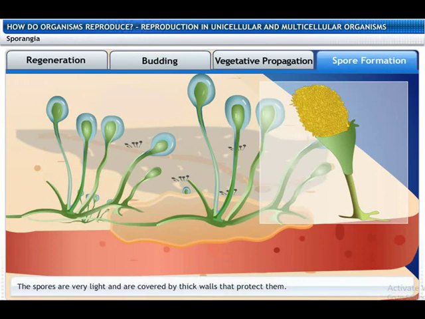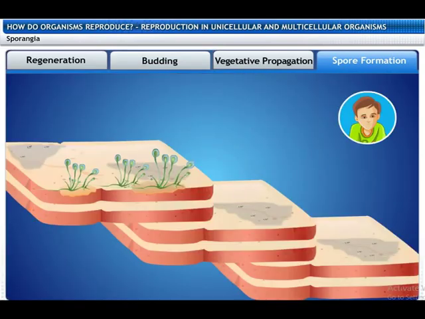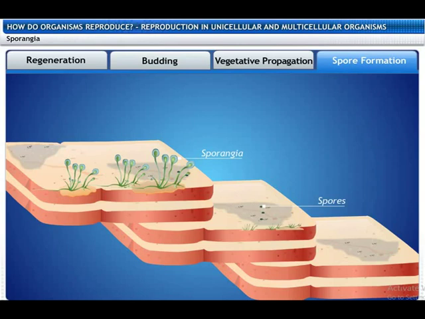These spores are very light. They are covered by thick walls that protect them. So how exactly do these spores develop into new rhizopus? When the sporangia mature, they release spores.